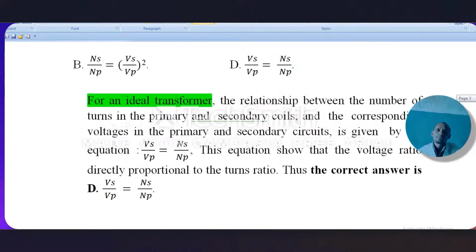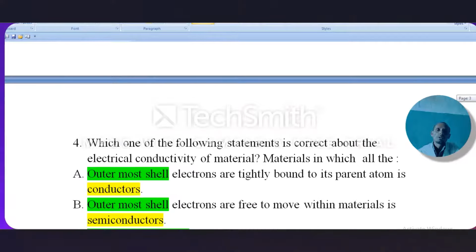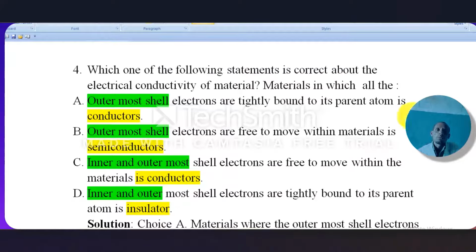The next question says: which one of the following statements is correct about the electrical conductivity of a material? Choice A, a material in which outermost shell electrons are tightly bonded to its parent atom is a conductor.